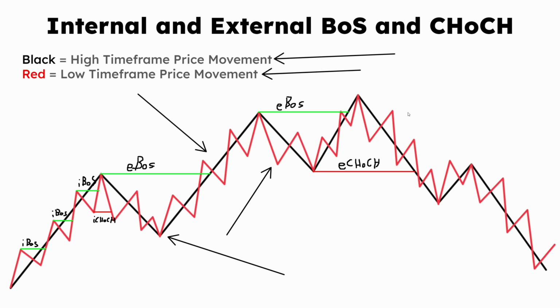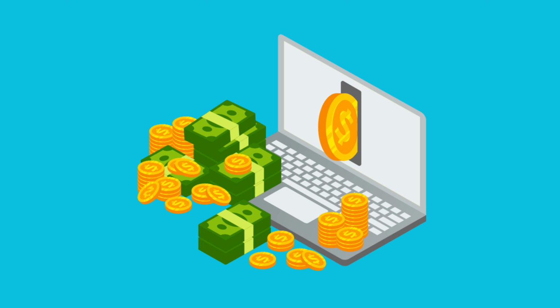So let's for example imagine that we zoom in on this red move right here. If we zoom in even further, we will notice that this will actually look like a large trend on the even lower time frames. And we as traders can use multiple time frames at the same time to get better entries and exits in the market, and as a result take better trades.